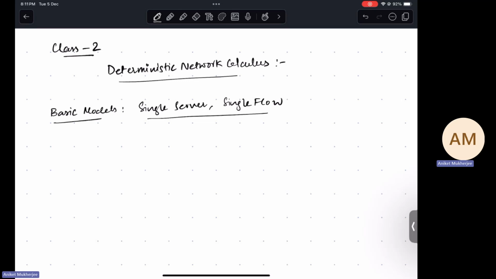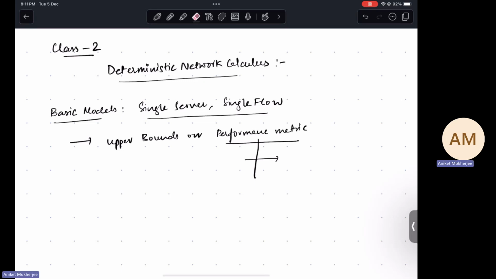So the main motivation is to calculate upper bounds on performance metrics, which are delays and backlogs.